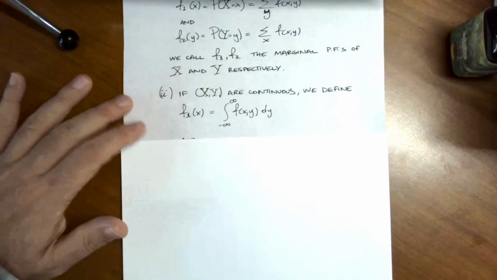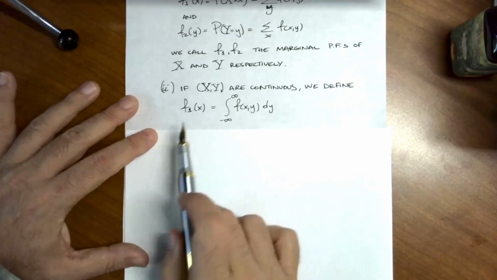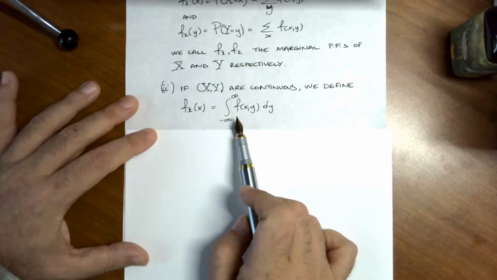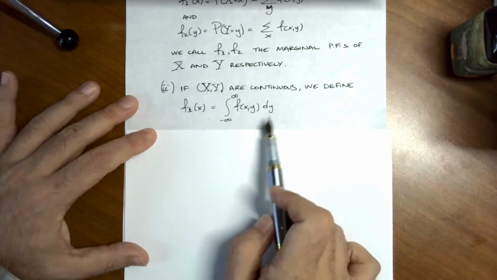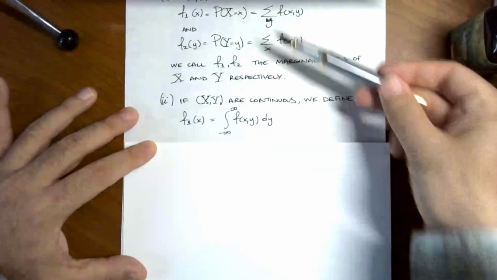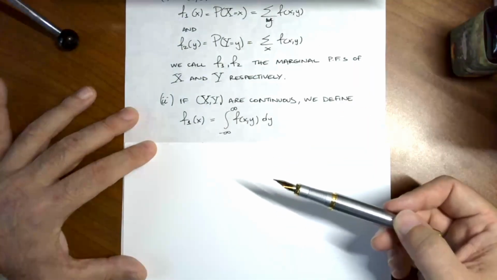Okay. In the continuous case, you're going to define the marginal of x as the integral of f of x comma y, dy. This is the same idea as summing out y in the discrete case, but we're in the continuous case. Theoretically, y ranges from negative infinity to infinity.